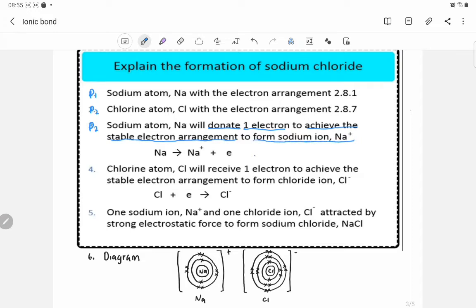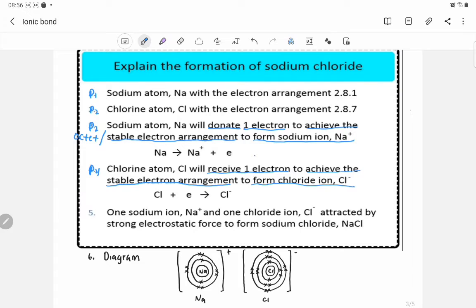Okay, so instead of using stable, you also can use octet. Okay, and then point number 4, chlorine atom will receive one electron to achieve the stable electron arrangement to form chloride ion.